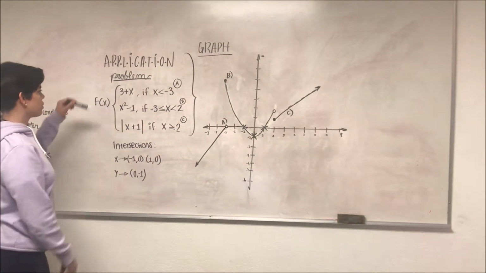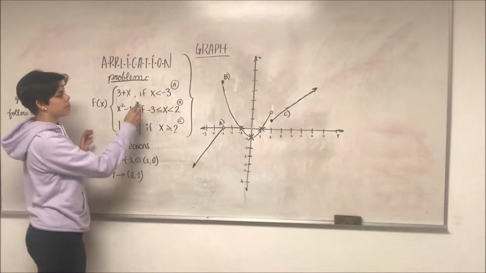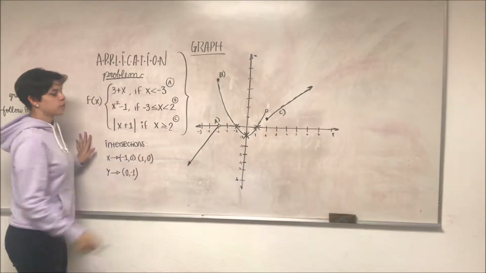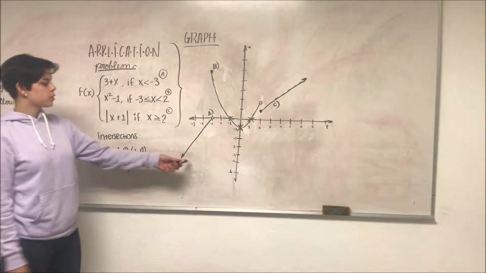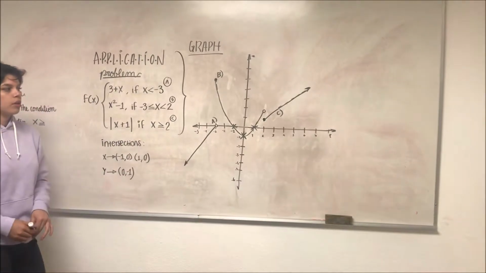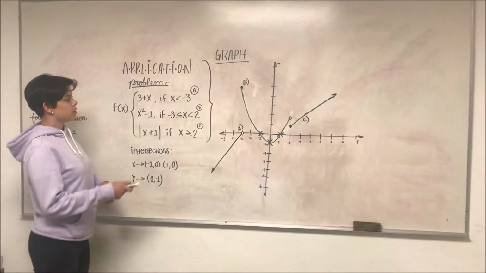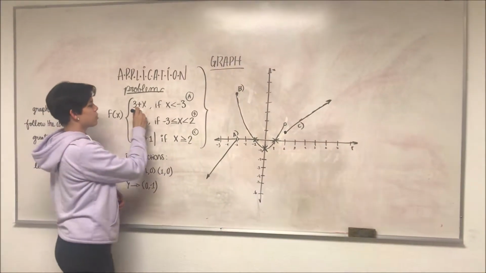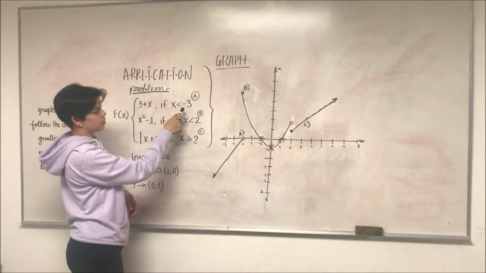So we're going to start with the first one, which is 3 plus x, but we can see there are some conditions beside it. We have to follow the conditions in order to make the graph correct and have a proper answer. So we start with 3 plus x, if x is less than minus 3.